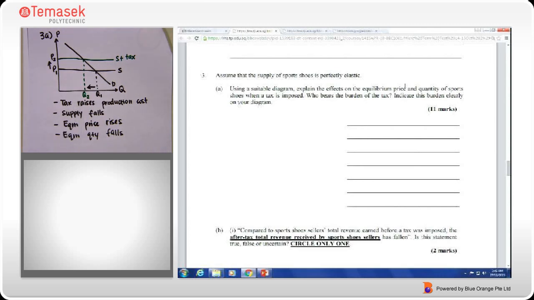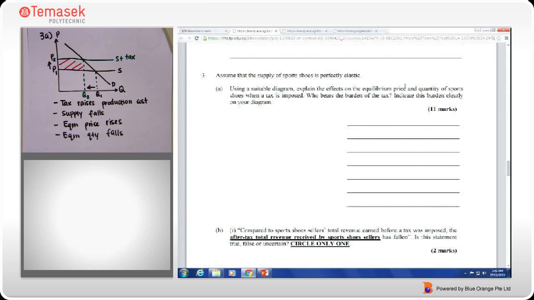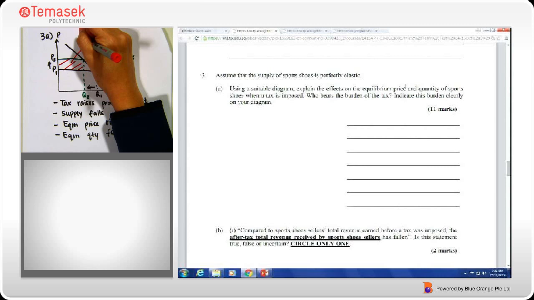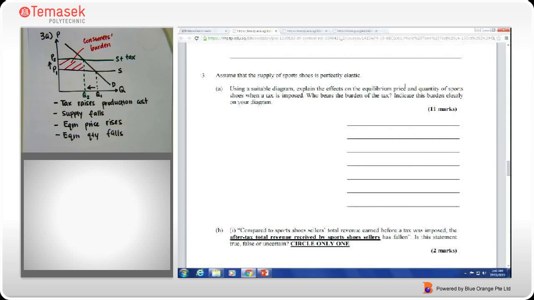The tax burden is illustrated by this rectangle. So we label this as consumers' burden. There is a change in equilibrium price, and consumers are now paying a higher price, whereas sellers still receive the same amount.